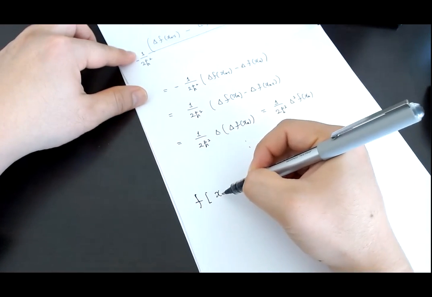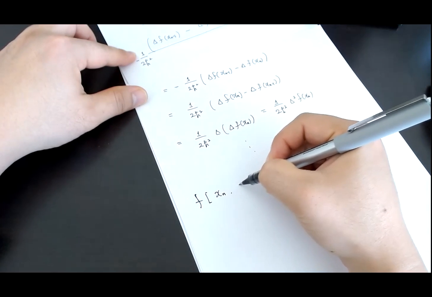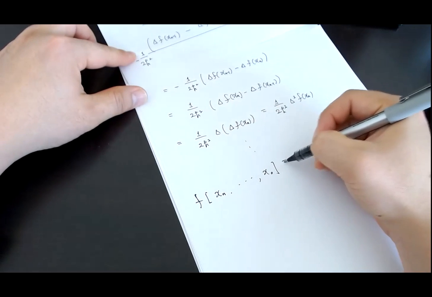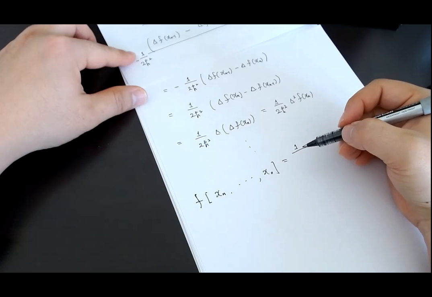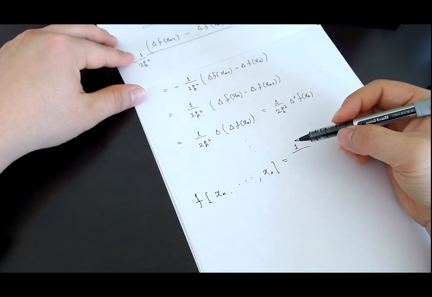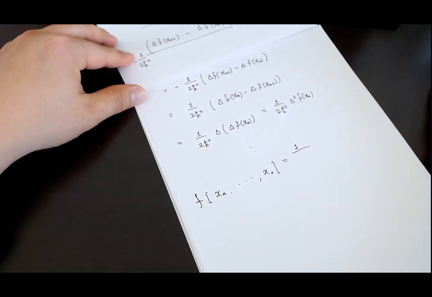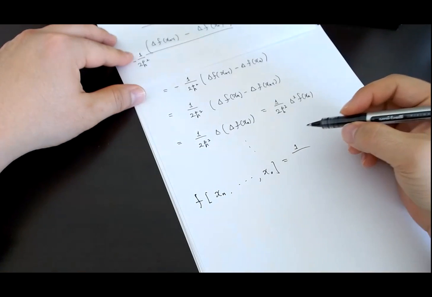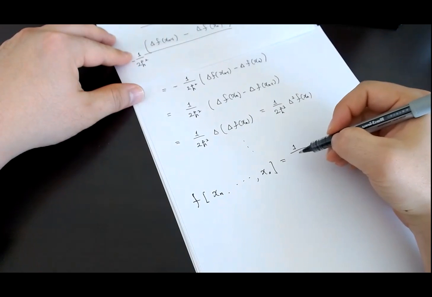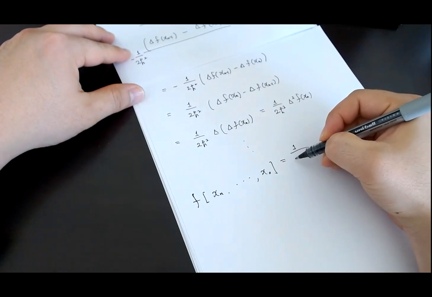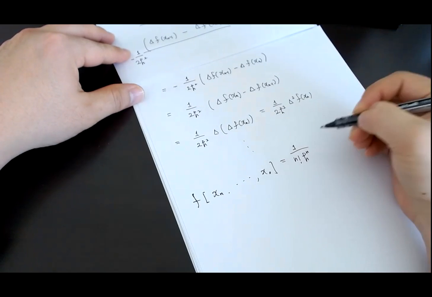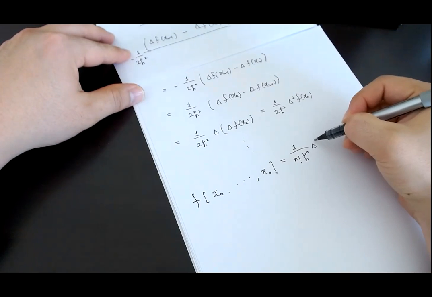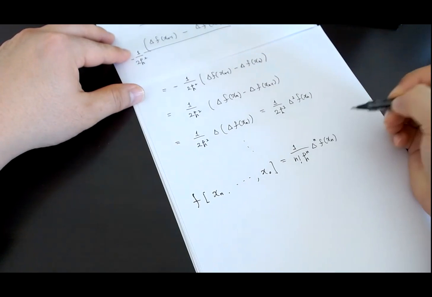The difference of f at x_n through x_0 is going to be 1 over what? Wait a second. So 1 over n factorial h to the nth power, and then nabla to the nth power f of x_n.